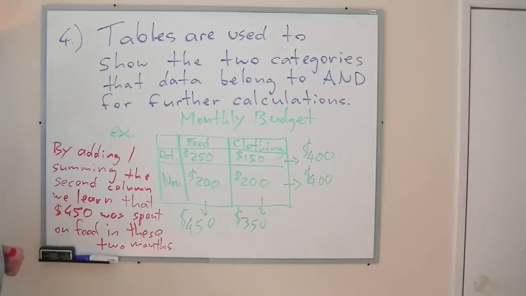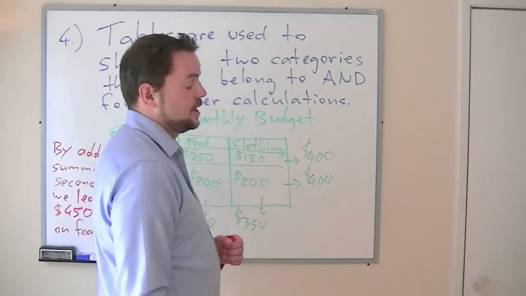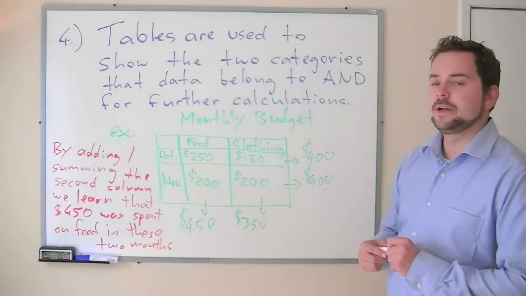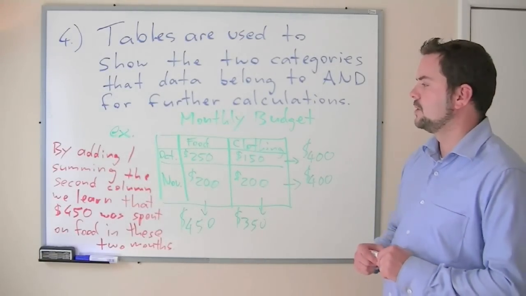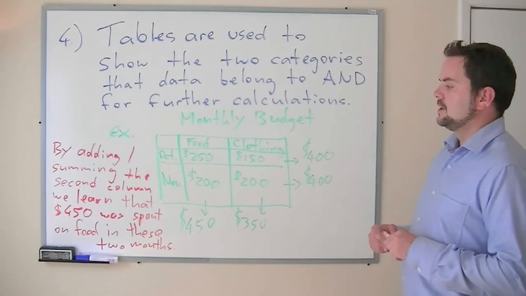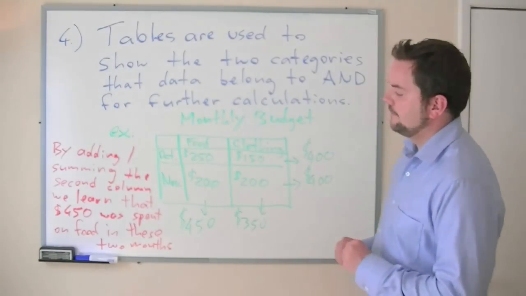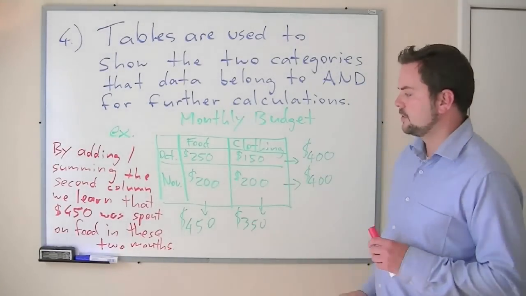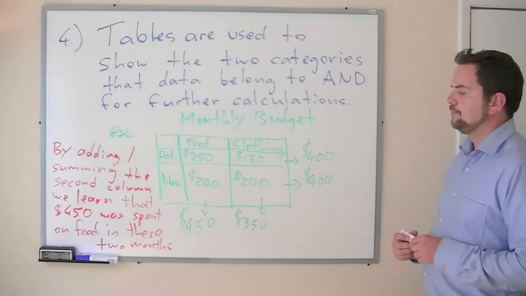This is a standard sentence that can be used when describing a table for task 1. So again, by adding or summing the second column, we learn that $450 was spent on food in these 2 months, or October and November.